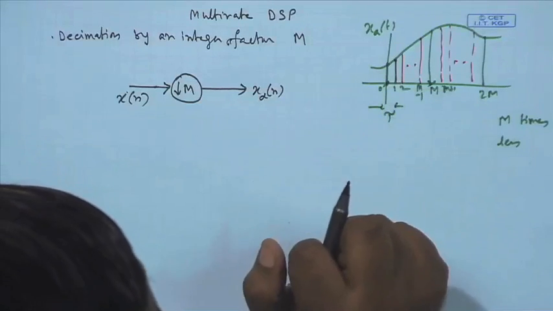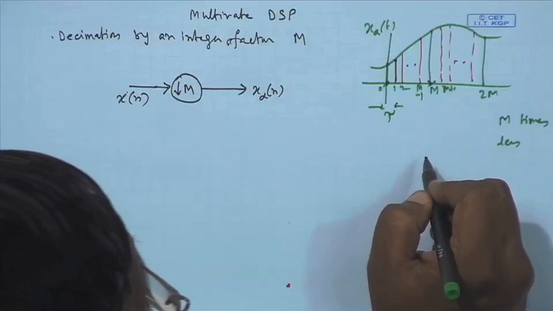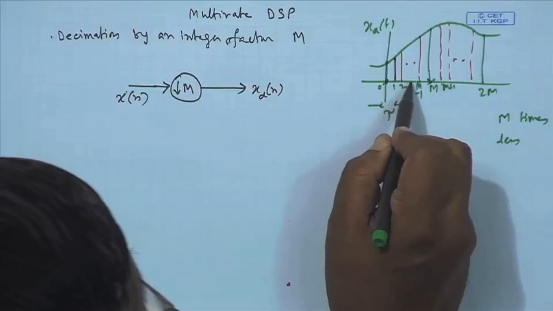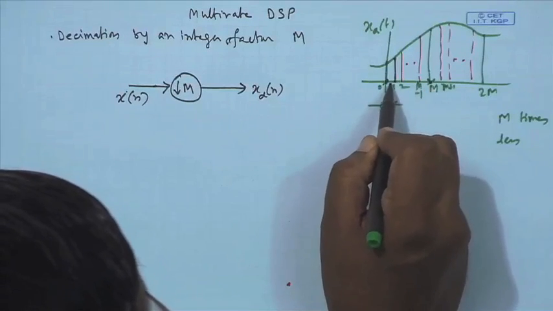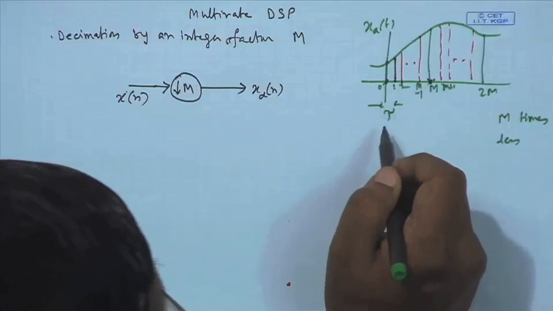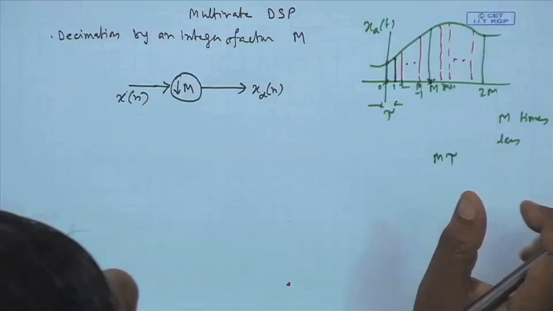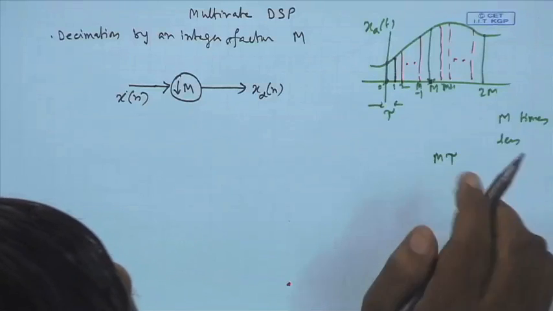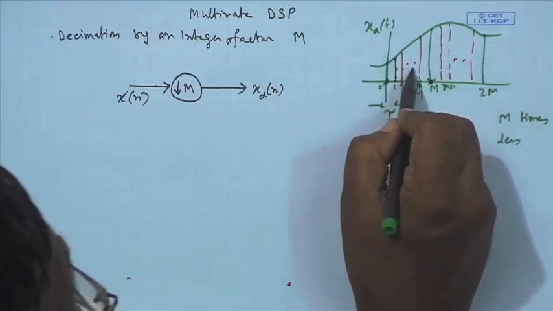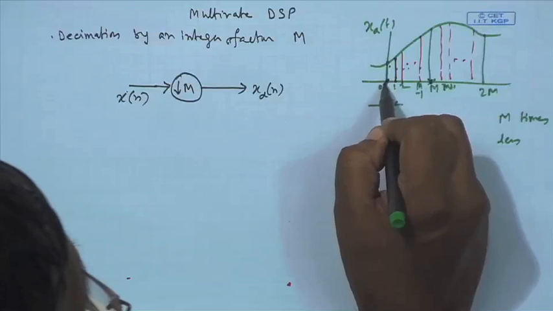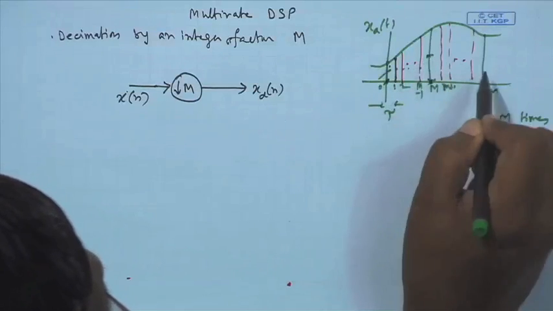So, earlier the sampling period was tau, now it will be m tau. So, 1 tau, 2 tau, 3 tau, m tau brings to m. Now the sampling period has become m tau, because the sampling speed has gone down. So, instead of sampling at all these intermediate points, you sample here, and the next sample you take here.